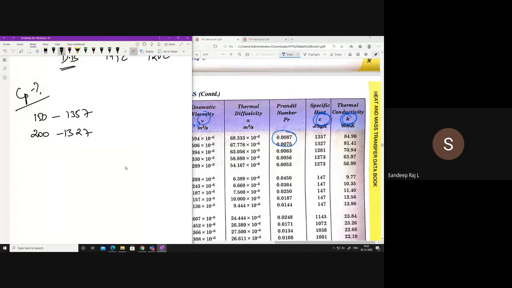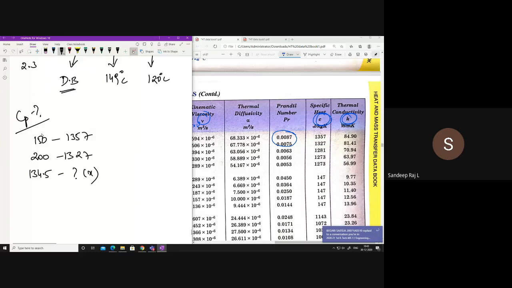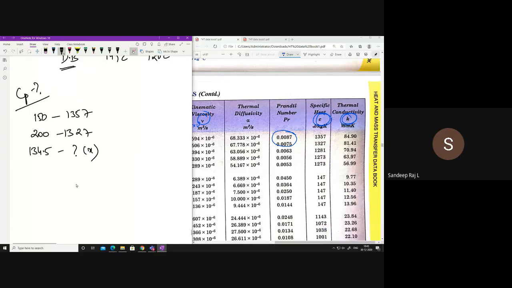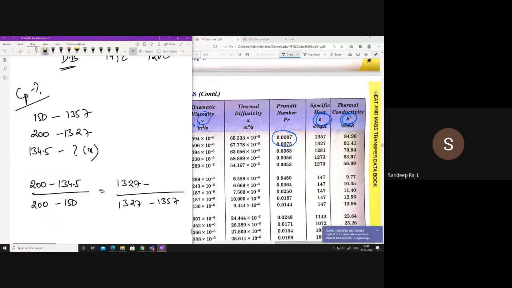For 134.5 we have to find the value, that is X. 200 minus 134.5 by 200 minus 150 is equal to 1327 minus X by 1327 minus 1357. Tell me what the X value is. 1366.3 joule per kg Kelvin.